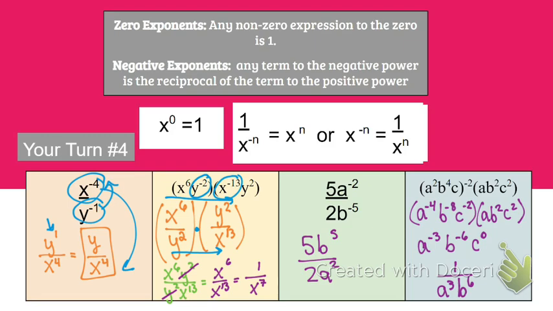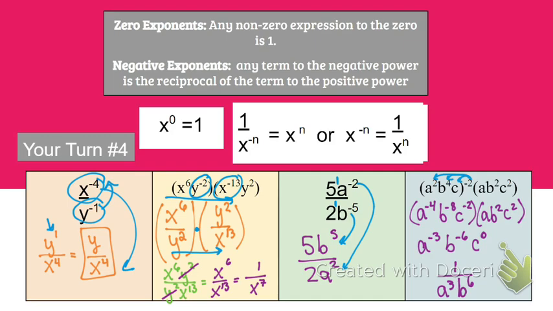For my next one, the 5 and the 2, they're both going to stay where those are because they have positive exponents. They would be like 1s. But the a term has to move to the denominator and the b term has to move to the numerator. Since they have negative exponents, they have to move their locations. And for the last one, the first thing I did was the product to a power rule, and I applied the negative 2 exponent to all three terms, or all three factors in the first set of parentheses.